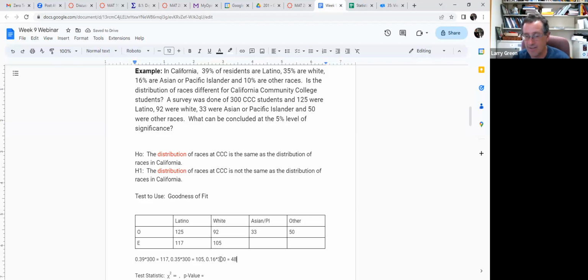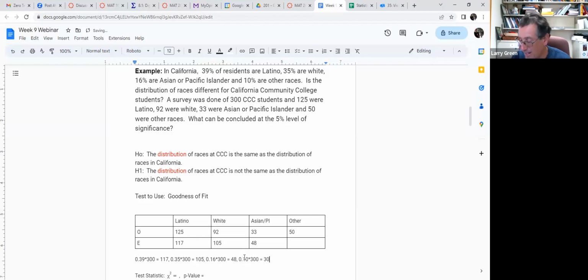You don't have to do what I do, which is do it in my head. Just stick in a calculator. Okay. And you get 48. So 48 for the Asian Pacific Islanders. And then we have our others. Well, 10% are other races. So that's 0.10 times 300, and that's 30.